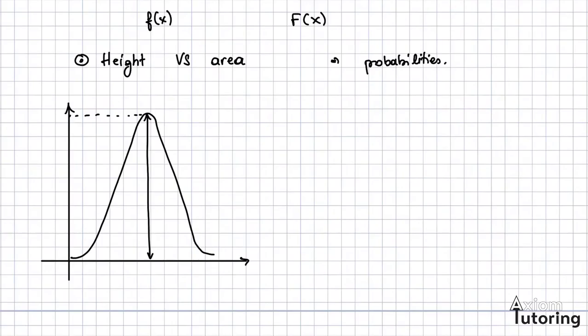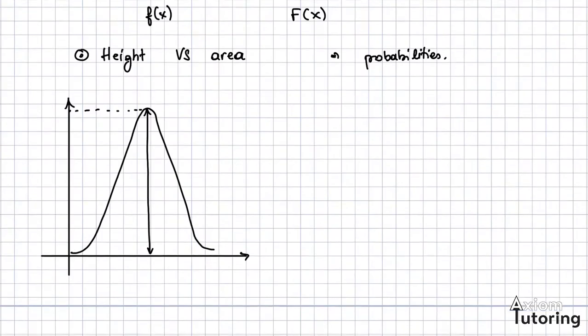The curve itself is what we will call the PDF. So this is the lowercase f of x. And the key word here is density. Clearly, what it's saying is that the height of the curve will tell you where values are more likely and where they are less likely.